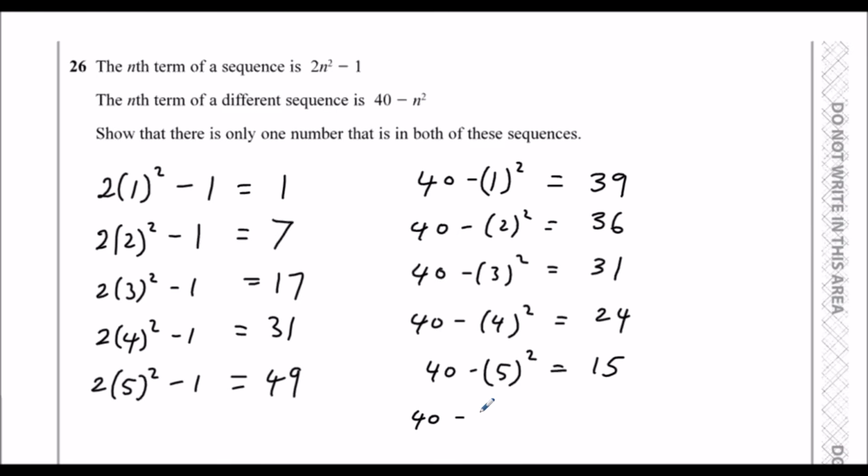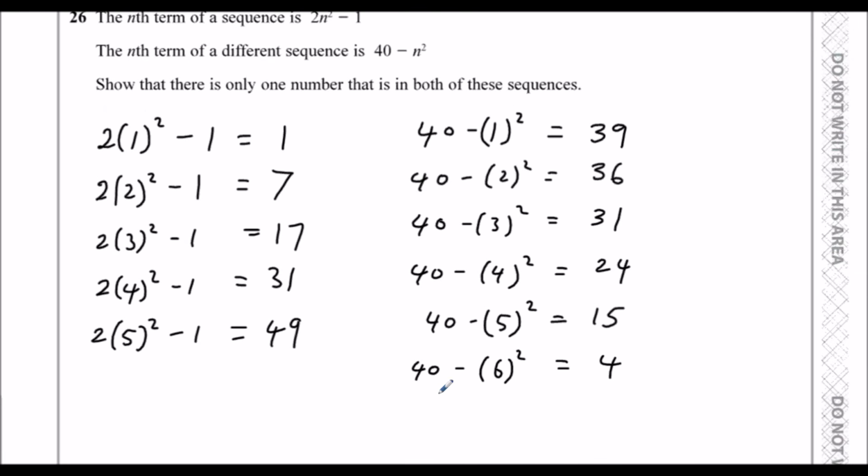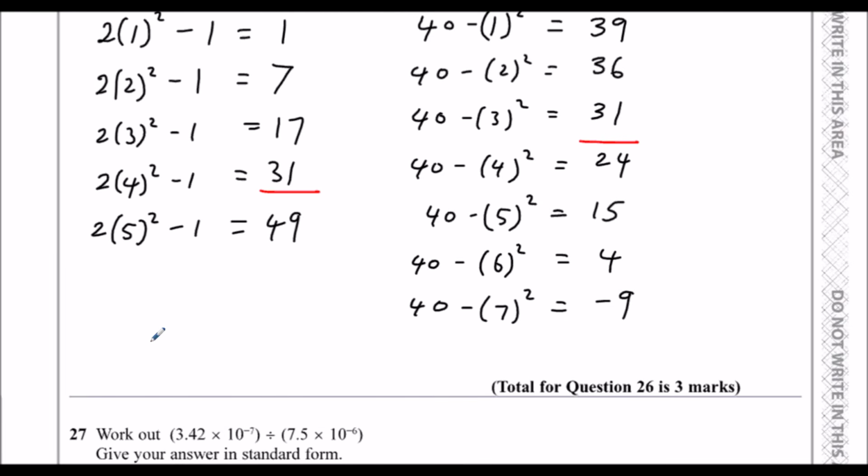And then 40 take away 6 squared, 40 take away 36 is 4. And then just to show we've gone past 1, we'll do 40 take away 7 squared, which will be 40 take away 49, which will be negative 9. So we should be able to see there's only one number in both of these sequences, and that's 31. So only 31 is in both.